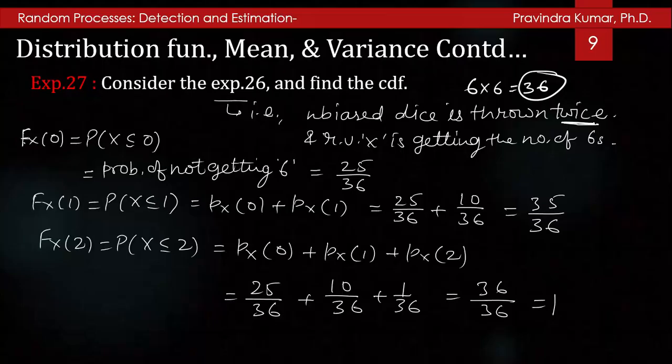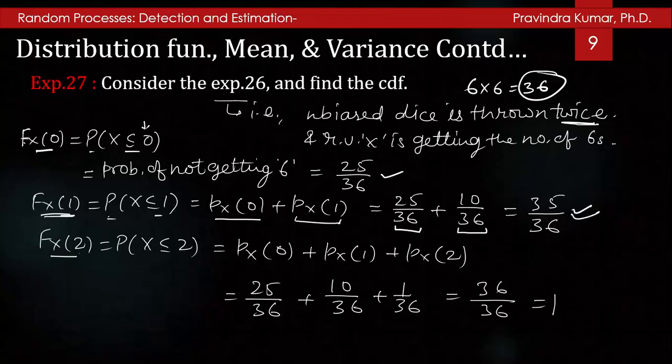Here Fx(0) means the probability x less than or equal to 0, which is the probability of not getting a 6, and it is 25 by 36. Fx(1) means the probability x less than or equal to 1, which is 35 by 36.